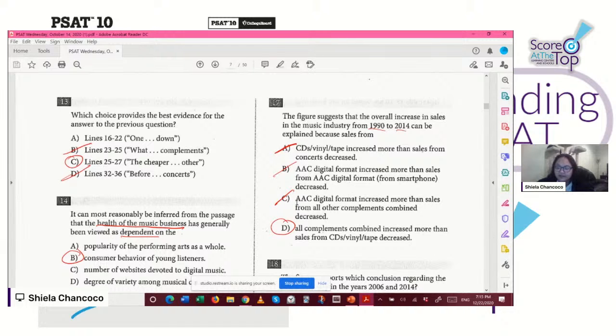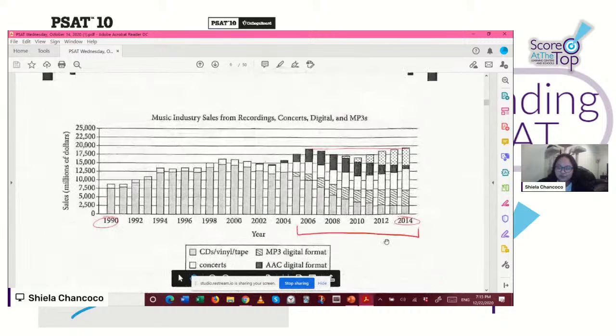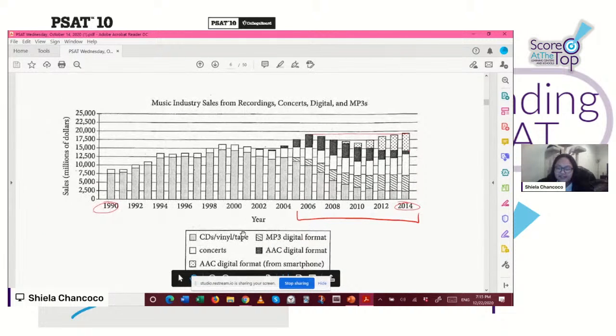So B and C are wrong. But look at D. All complements combined increased more than sales from CD and CD vinyl tape decreased. Okay, so is that true, right? All of the other ones, with the exception of CD vinyl tape, increased, and that's true, right? You see a big increase on each one of them, and CDs decreased.